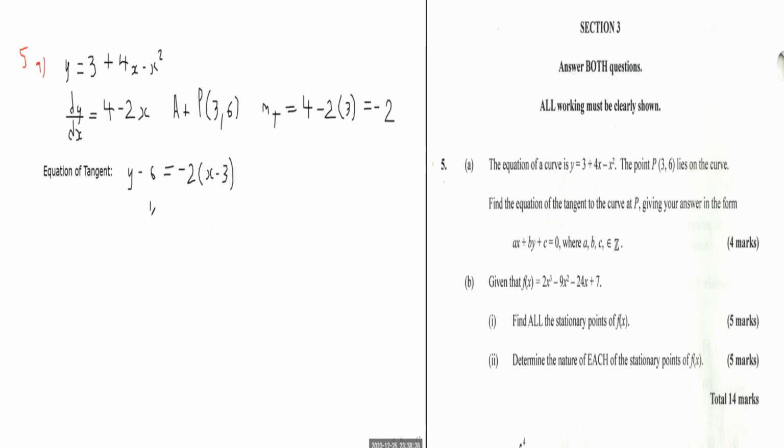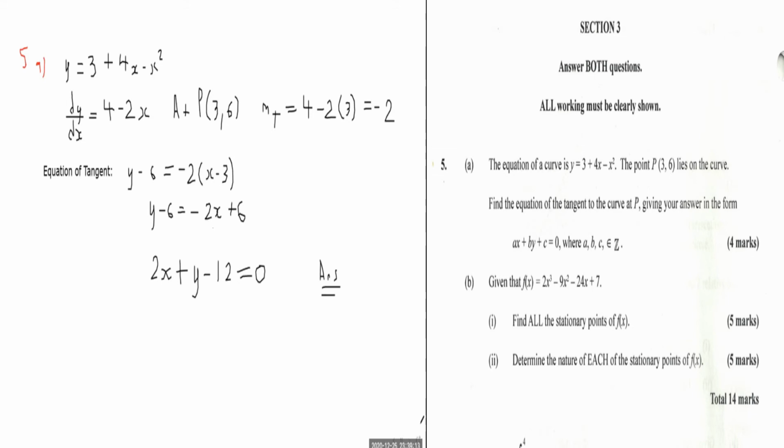So we write y minus 6 is equal to negative 2x plus 6. Then we bring the 2x over to get 2x plus y, and subtract 6 from both sides to get 2x plus y minus 12 is equal to 0. Nice and easy. And that's the answer, the equation of the tangent.